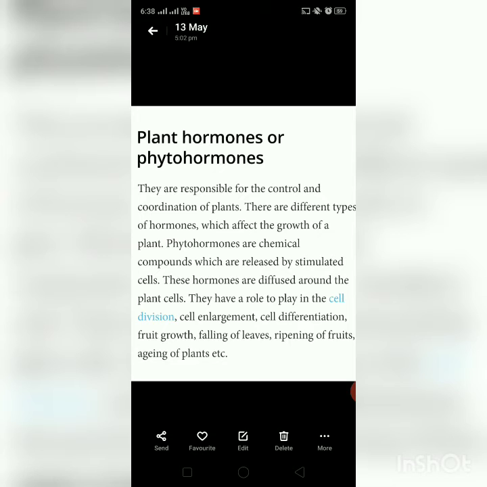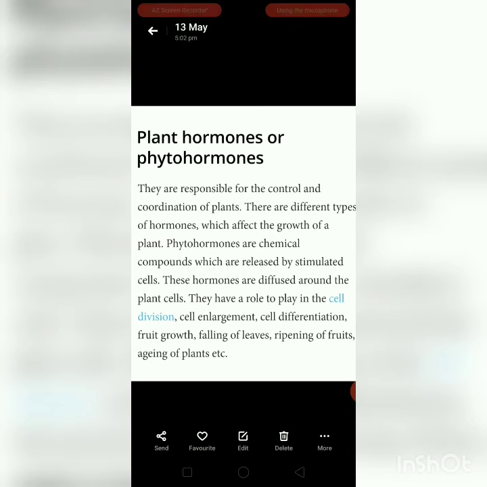So what is a plant hormone? It is a chemical present in the plants, and that chemical is responsible for the control and coordination of the plants. There are different types of hormones present in the plants and their work is also different.